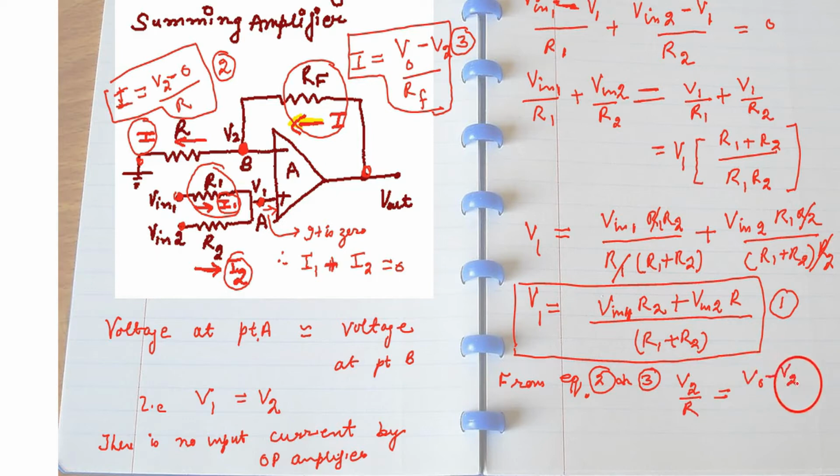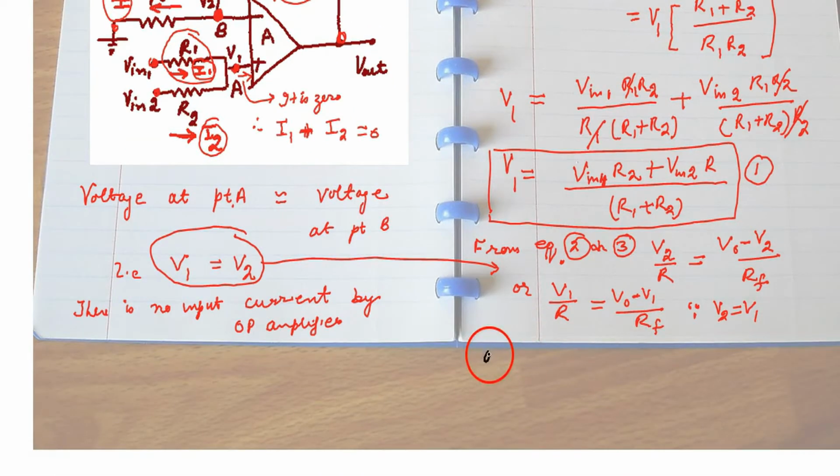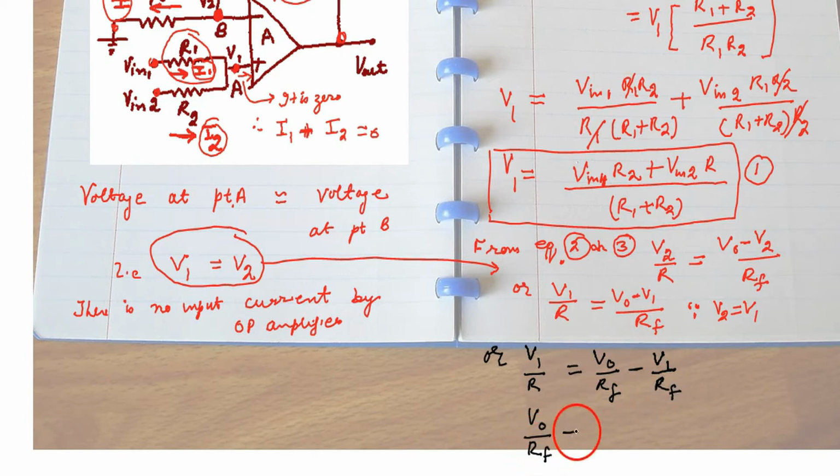Because V2 equals V1, replacing V2 with V1 now. Simplifying the expression and getting the value of V0 from here.